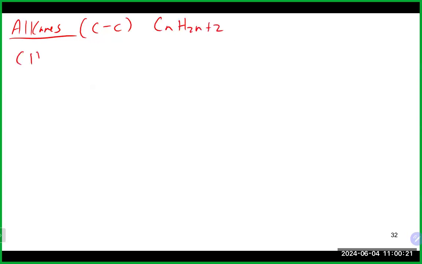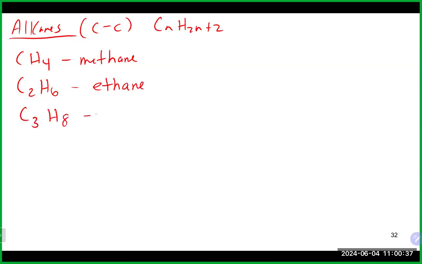So CH4, that is our friend methane. C2H6 is ethane. C3H8 is propane. C4H10 is butane.